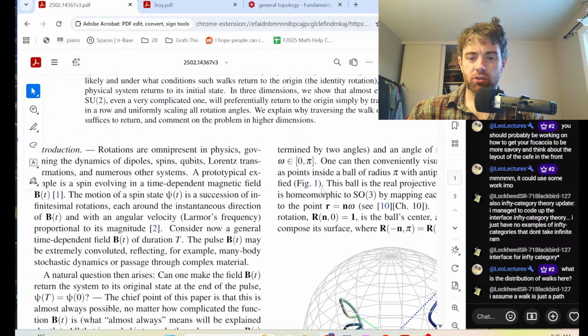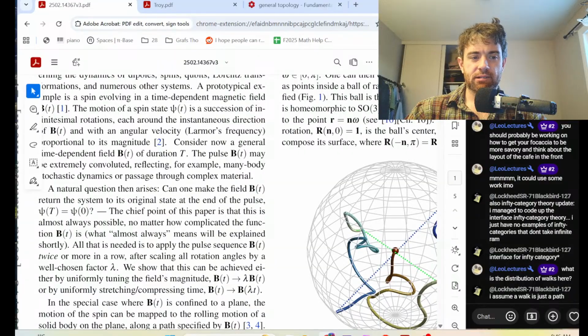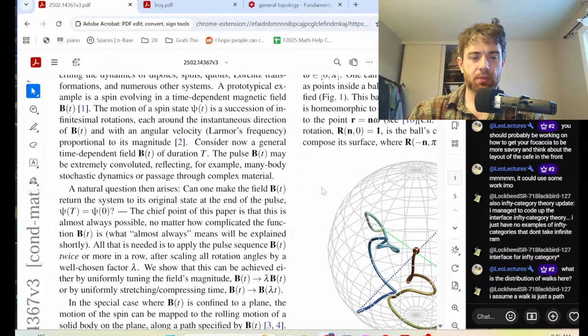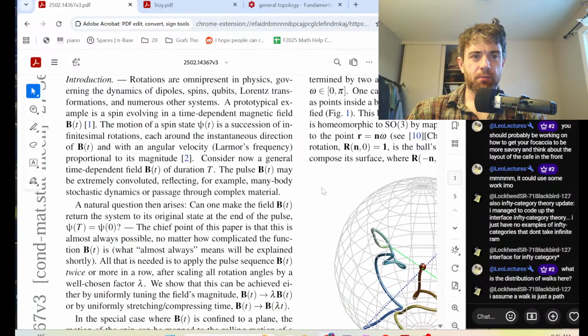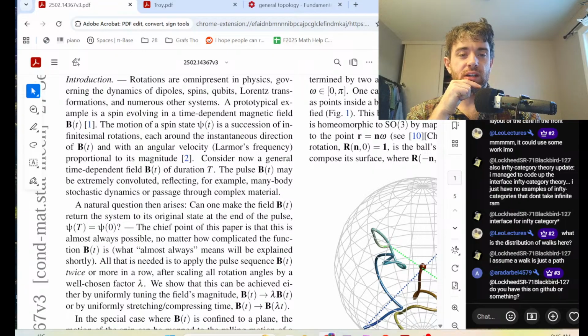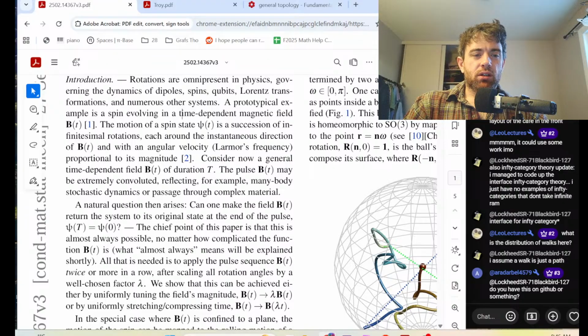What is the distribution of walks here? Well, I guess we'll find out in a second. Rotations are omnipresent in physics, governing the dynamics of dipole spins, qubits, Lorentz transformations, blah, blah, blah. A spin evolving in a time-dependent magnetic field B(t).